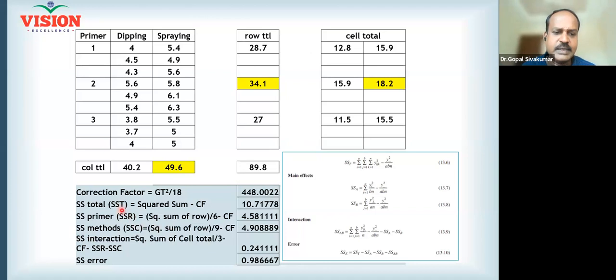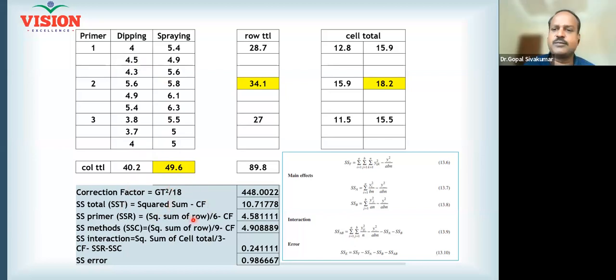Now, total sum of squares. What is total sum of square? Every reading must be squared and summed up. How many readings do you have? 18. Square every number, sum them up. That is called the squared sum.